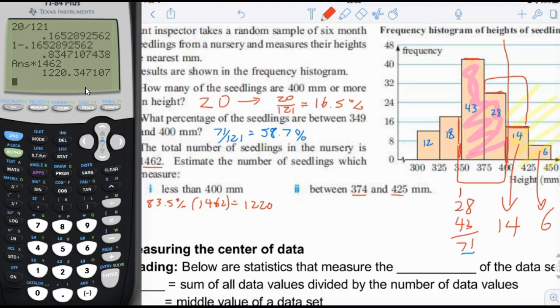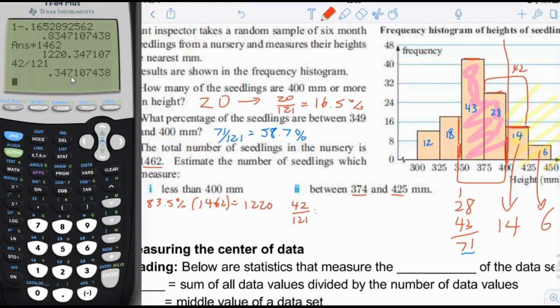So according to the samples, that would be 28 plus 14 seedlings, which is about 42 total. So the proportion is 42 divided by 121, which is the percentage of samples. So 42 divided by 121. Let's see what percentage that is.